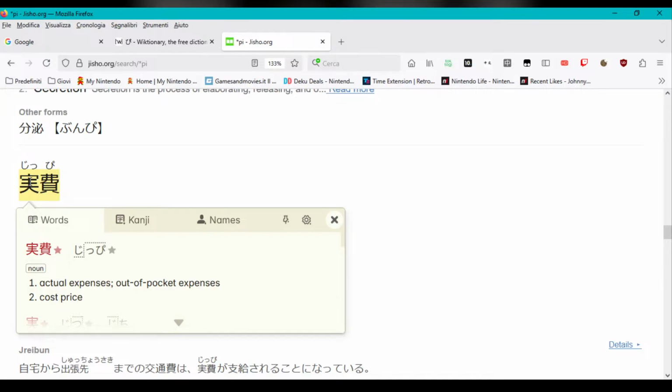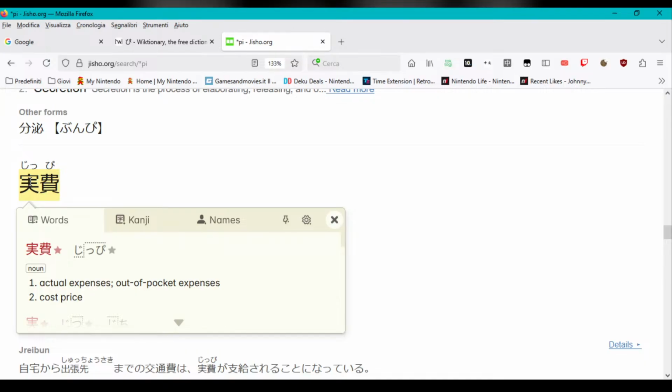Actual expenses, cost price, literally actual expenses, because the first kanji is for truth, actual in this case, and the other one is for expenses.